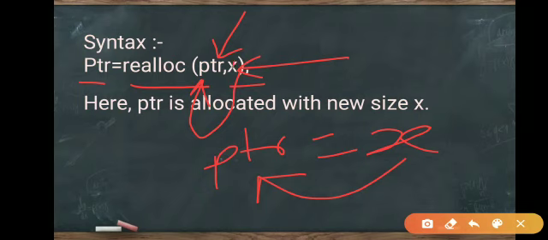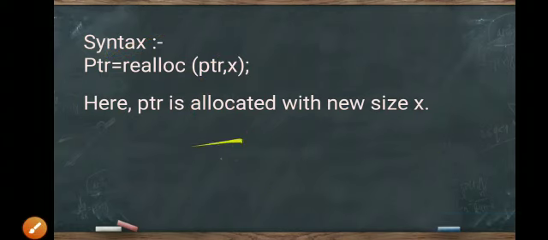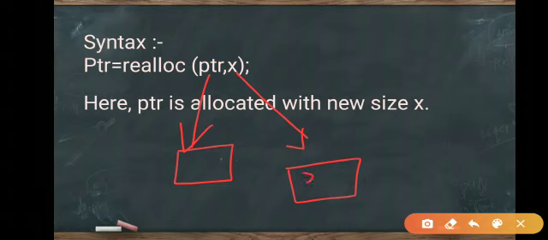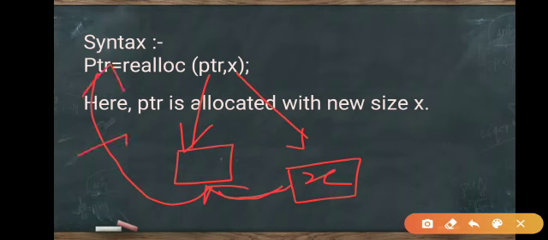This pointer will store this x value, but the previously pointed memory does not get freed. Suppose these are two blocks, this is the pointer and this is x. The x value will go into this pointer, and it will be written to this pointer in this block. But the previous memory, whatever was present here, does not get freed, meaning that the block isn't freed.